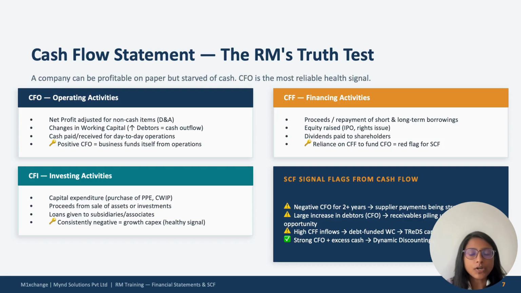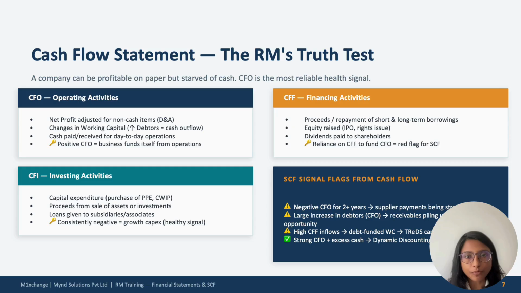Signal 3 is your high cash flow from investing. So the business is debt funded, it's through its working capital, right? And a trade product can reduce this by giving a cheaper early payment option to suppliers, and that will free up its credit lines, right?